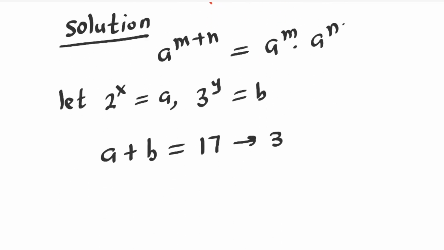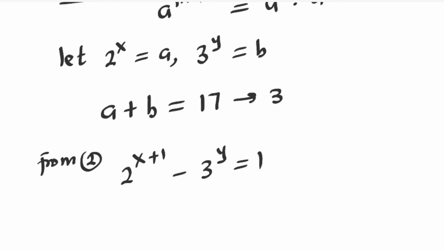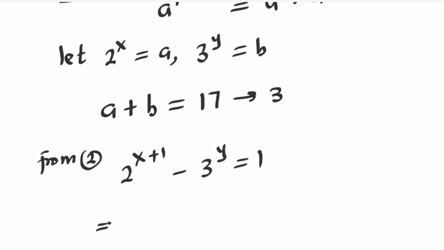Then from the equation 2, 2 raised to power x plus 1 minus 3 raised to power y is equal to 1. This can be written as 2 raised to power x multiplied by 2 raised to power 1 minus 3 raised to power y is equal to 1.